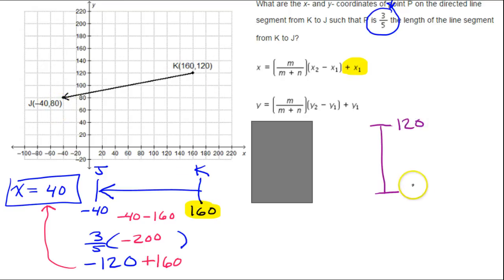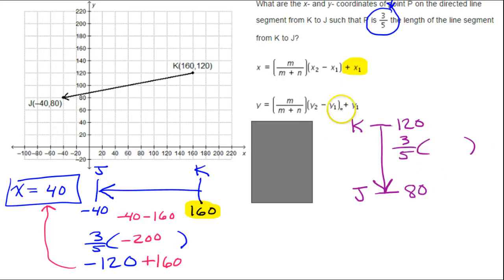Those are my y values. And of course, up high I have k, and down low I have j. And I'm going from k to j. So I'm going down like that. So I need to do 3/5 of the total distance.